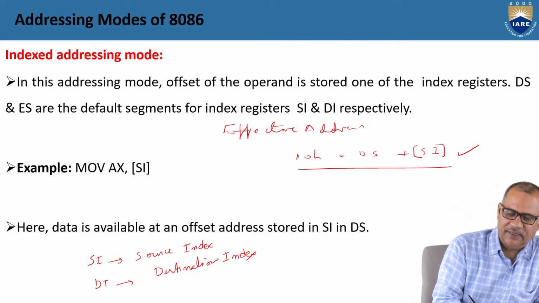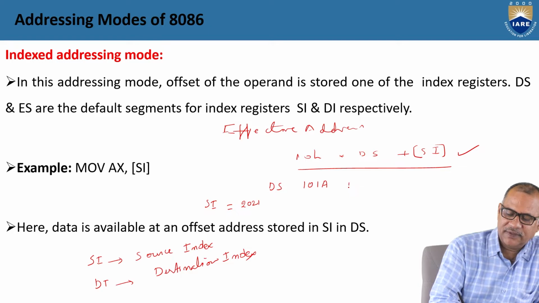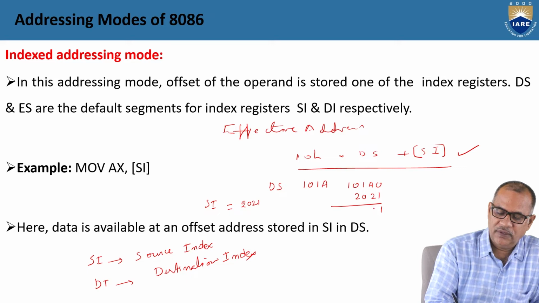Now suppose the contents of DS are 101A, and the contents of SI are 2021. What is the effective physical address? 101A0 is added to 2021. A plus 2 is C, so you get 121C1.